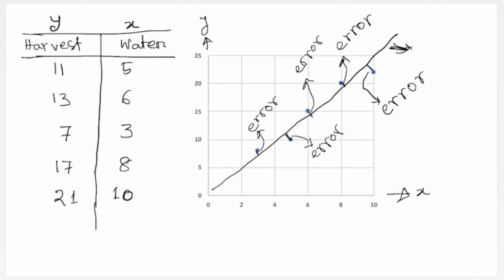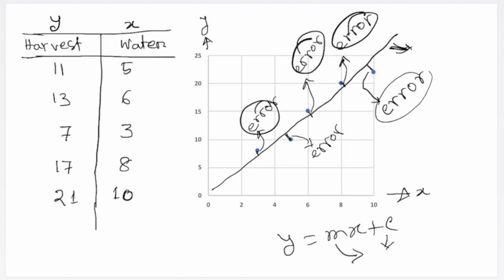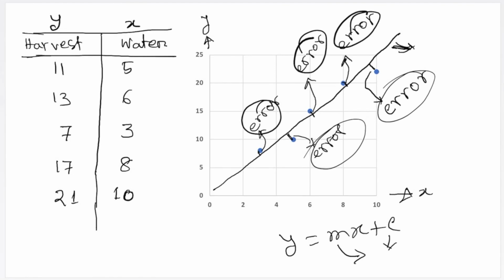You try to come up with the best y = mx + c. You will try to come up with the best m and c in such a way that all these errors are minimized. Let's take it to the next level.